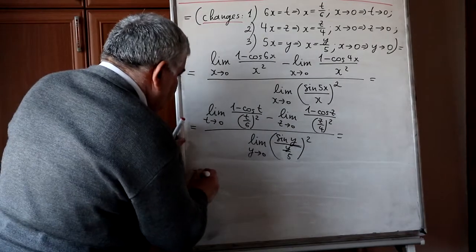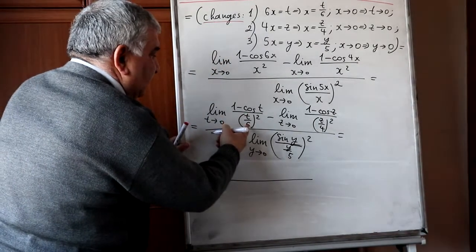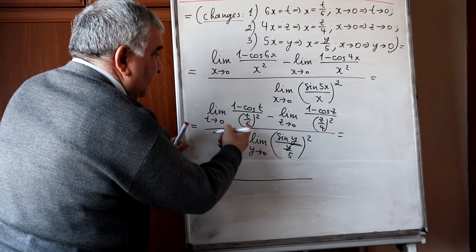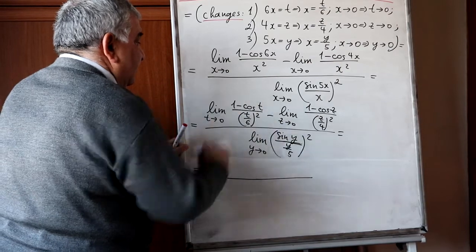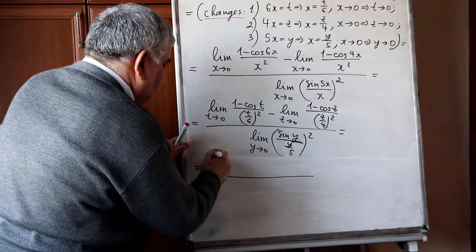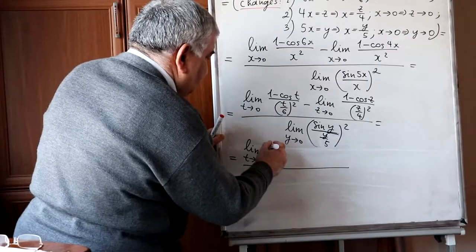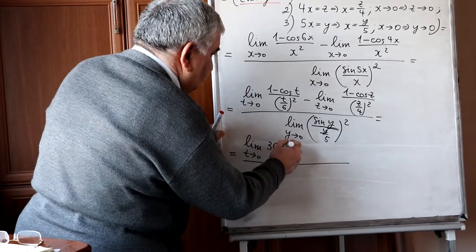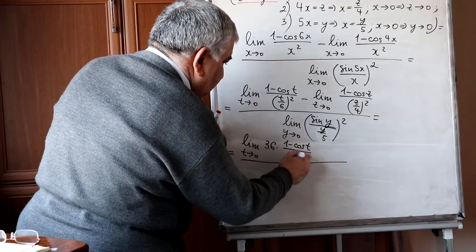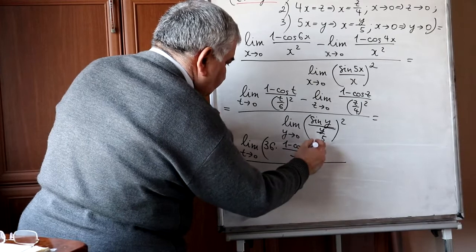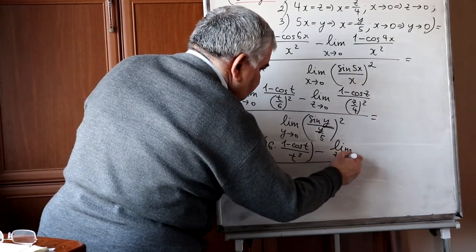We have t squared over 36, and 36 is transferred to the numerator. Limit when t tends to 0 of 36 multiplied by 1 minus cosine t over t squared, minus limit when z tends to 0.